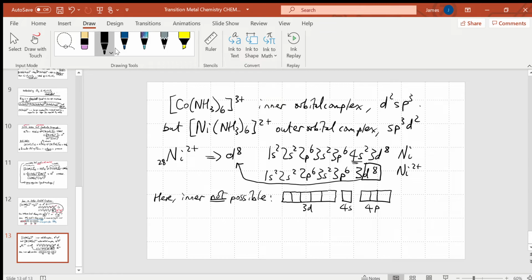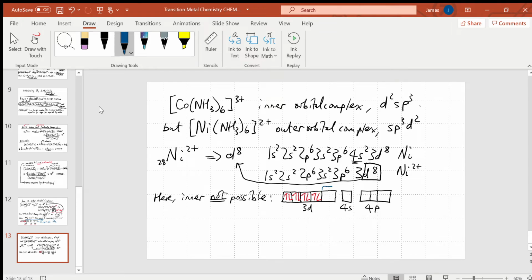Let's try and pair. So let's get our red pen. Hund, Pauli, Hund, Pauli, Hund, Pauli, Hund, Pauli. There's my 8. And you can clearly see that there's not enough space now to add my 6 ligands.